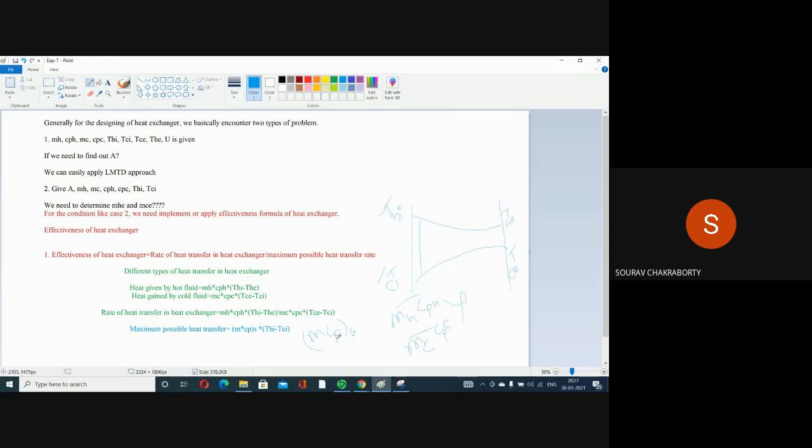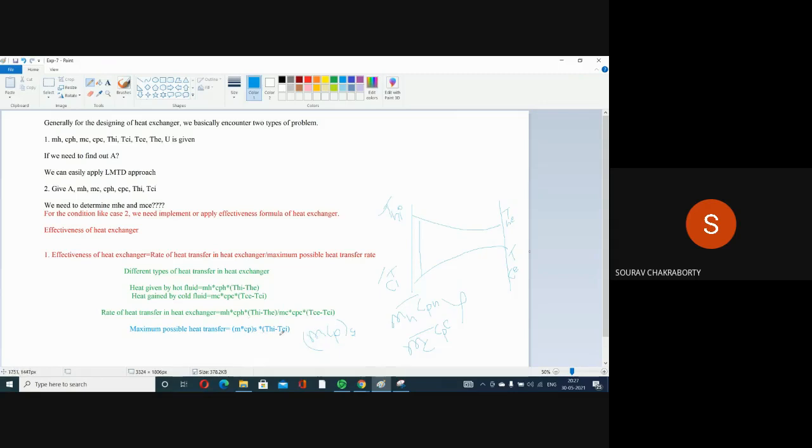If you take the product for both the hot fluid and cold fluid, we observe in which case we have the smallest capacity rate, that is the smallest value of MCP multiplication. That one we will select, and it will be denoted as MCPS.